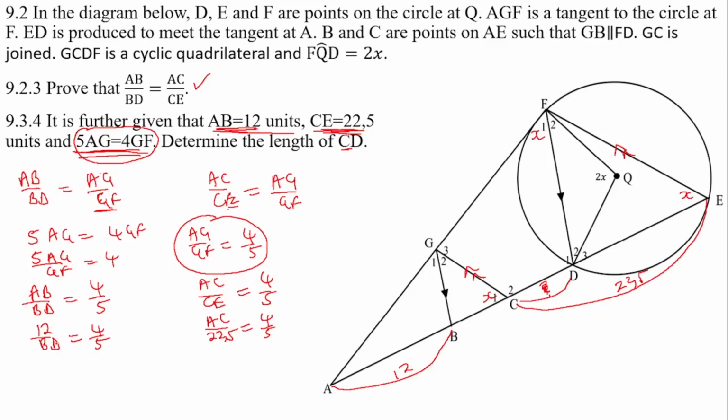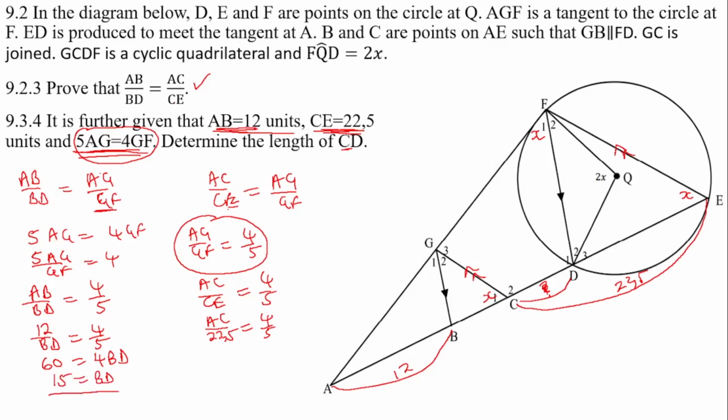How can we find BD? We can cross multiply here and find that 12 times 5, that is 60, is equal to 4BD, meaning that BD should be 15, after dividing both sides by 4.